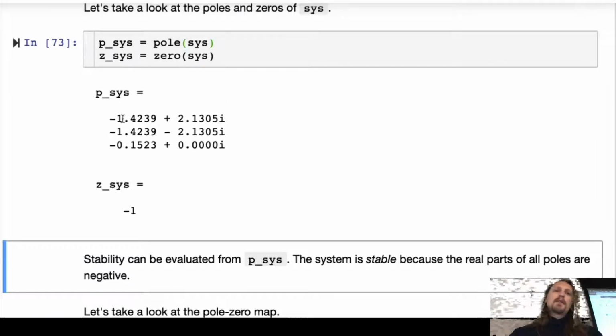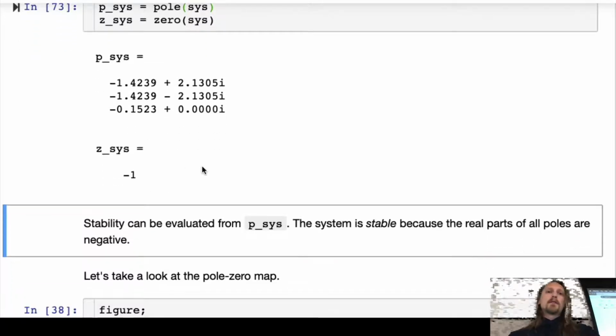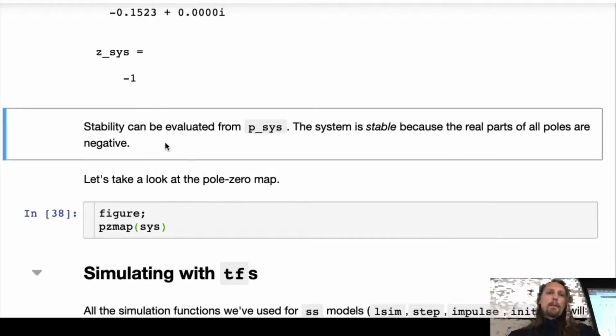The 3 poles include a complex conjugate pair and a real pole, and then there's 1 zero. We knew there were going to be 3 poles because it was third order. We knew there was going to be 1 zero because the numerator had a first order polynomial. So those are the poles and zero.